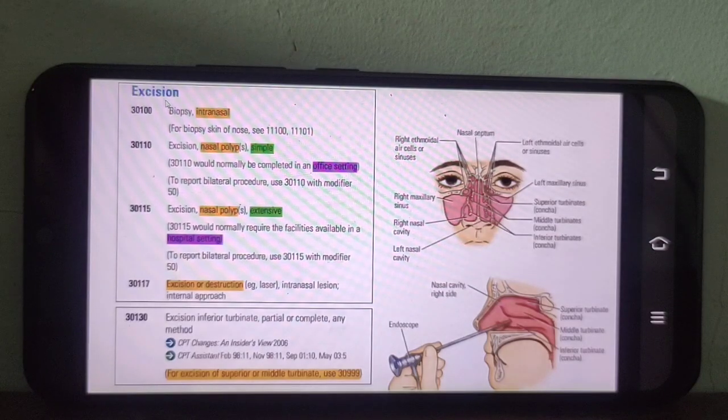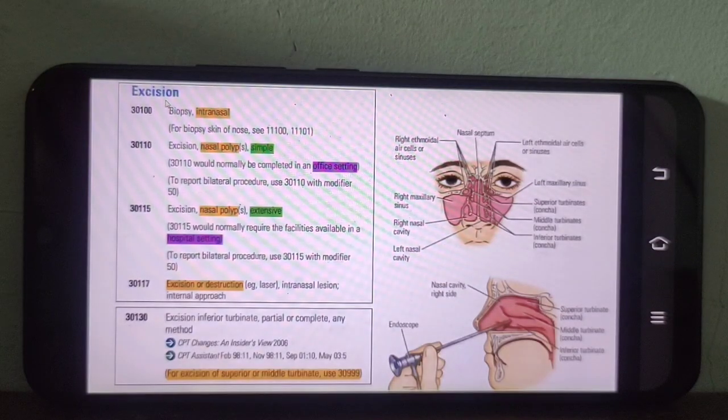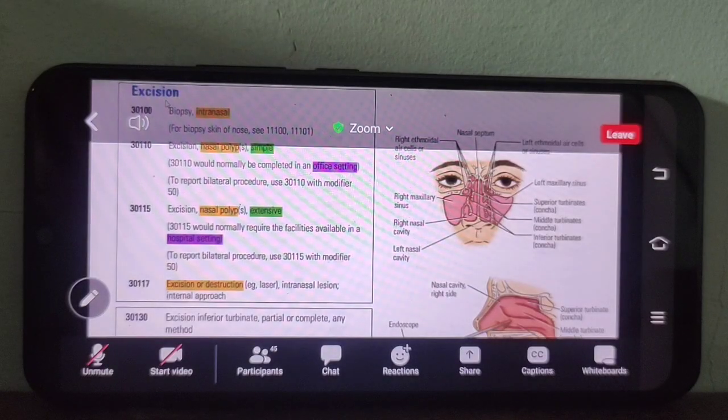Open surgery. Okay, then next, check 30110. What is the procedure? What is the anatomical site? Nasal is the anatomical site. Excision of polyps is the procedure.